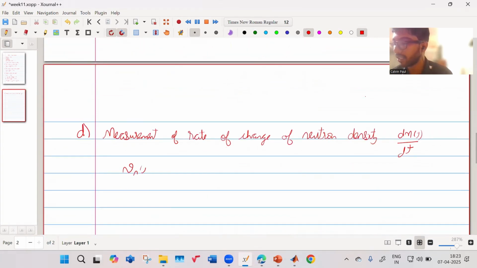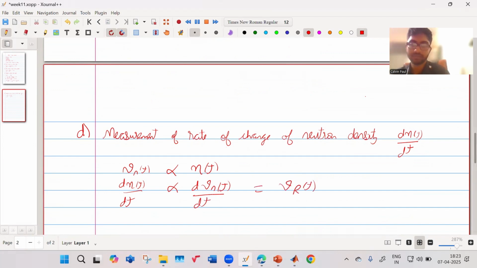My Vn of t is proportional to n of t, kind of. In some way, in steady state, Vn of t is proportional to n of t, but not actually during transient, because there's a certain phase lag which is introduced. So if I want to measure dn of t upon dt, I need to measure dVn of t upon dt, and this actually is equal to my Vr of t.